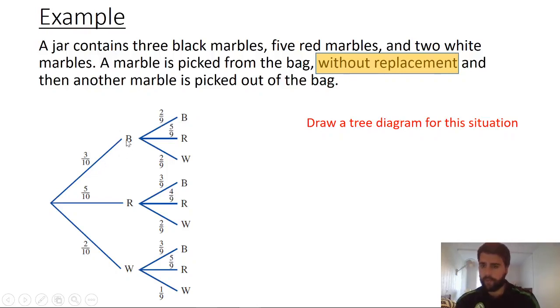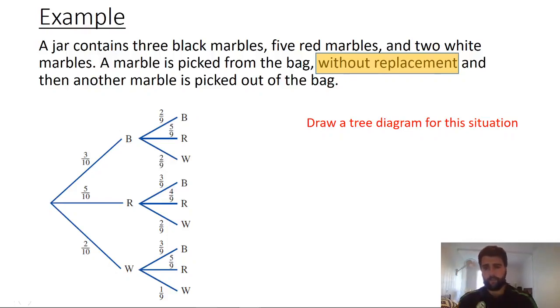If we pull out a black, there is still going to be 5 red marbles left over, but there's only going to be 9 marbles left in the bag, so the probability of getting a red on the second event, if a black was pulled on the first event, is going to be 5 out of 9. And again, if we pull out a black in our first event, the probability of pulling a white is, well, there's still going to be 2 white marbles in the bag. There's only 9 marbles left in total, so it's going to be 2 out of 9.